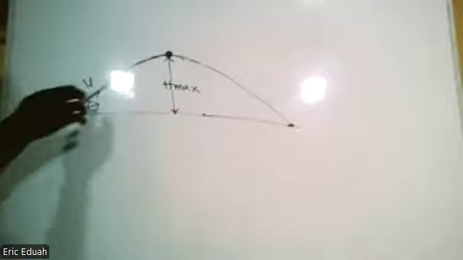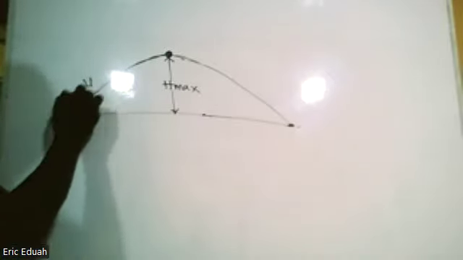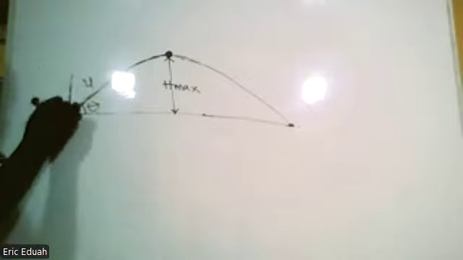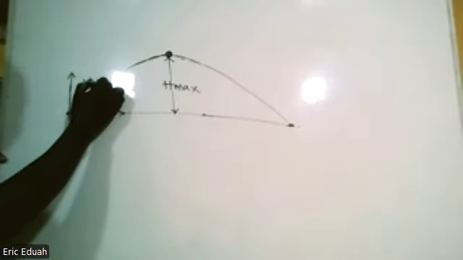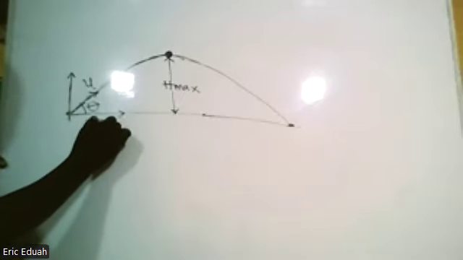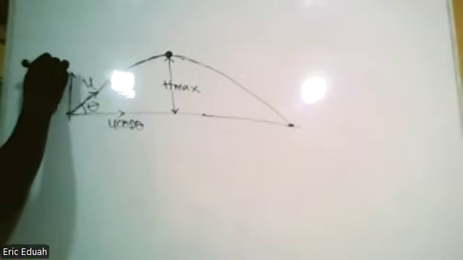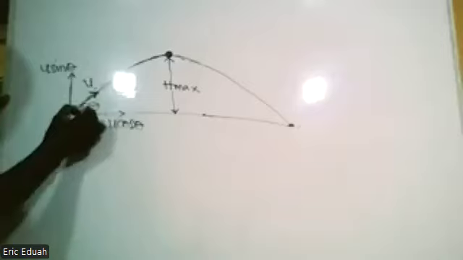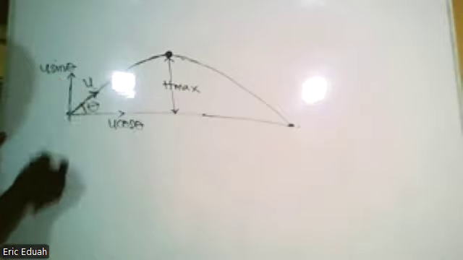The point is that projectile motion is such that, by virtue of the velocity being at angle theta, the velocity of projection u is divided into u cos theta and u sine theta. When you resolve u with the angle, it is divided into u cos theta and u sine theta.